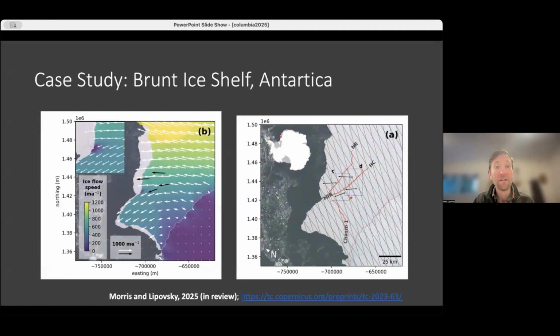Okay, so looking at a case study here, we'll go to the South Atlantic section of Antarctica, and we'll go to the Brunt ice shelf, which is sort of this 100-kilometer scale ice shelf that's riddled with these fractures that are shown on the right there in red. During our time period of study, we had GPS out on the surface that were placed there by the British Antarctic Survey.